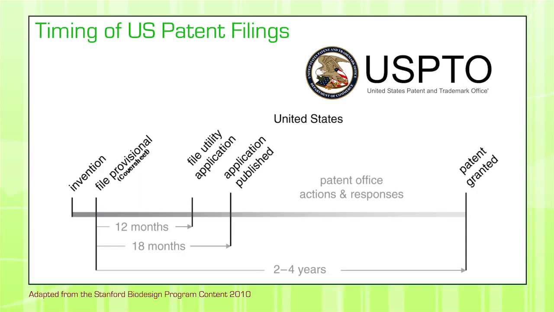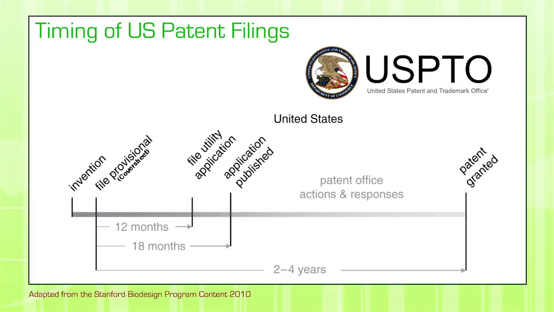From that moment, you have 12 months to file the utility application. The USPTO, the United States Patent and Trademark Office, has 18 months from the provisional filing to publish that you have a provisional filed, so that everybody is aware that you have already patented or tried to patent that.